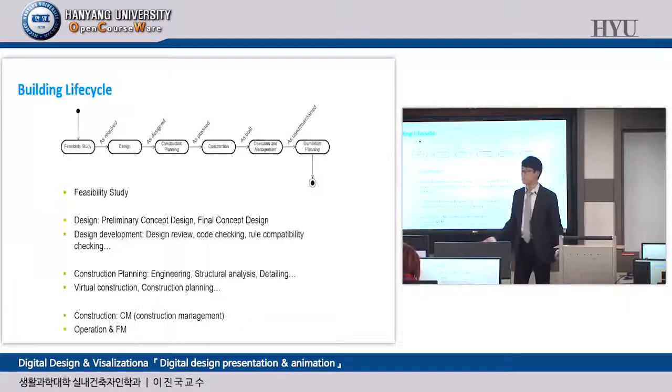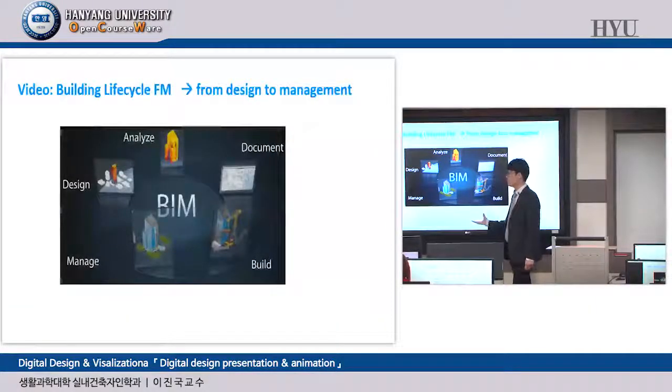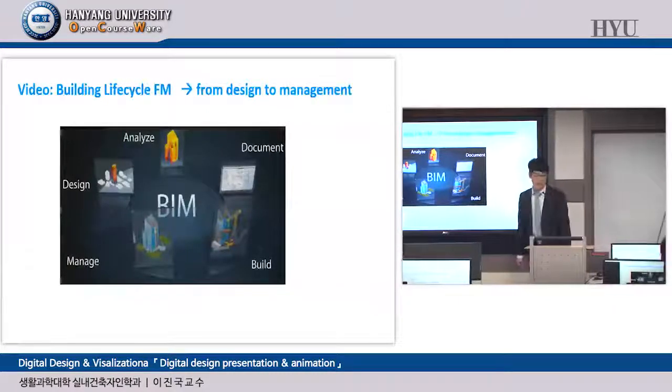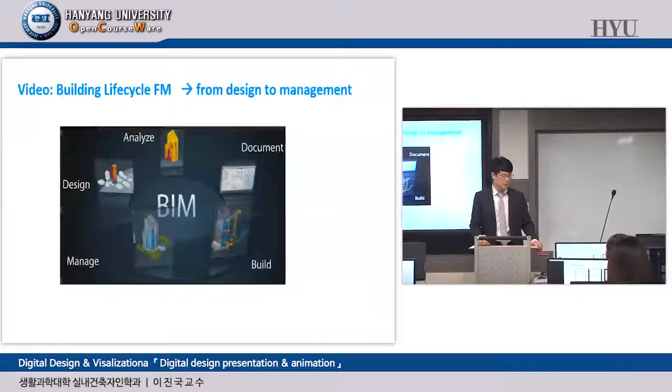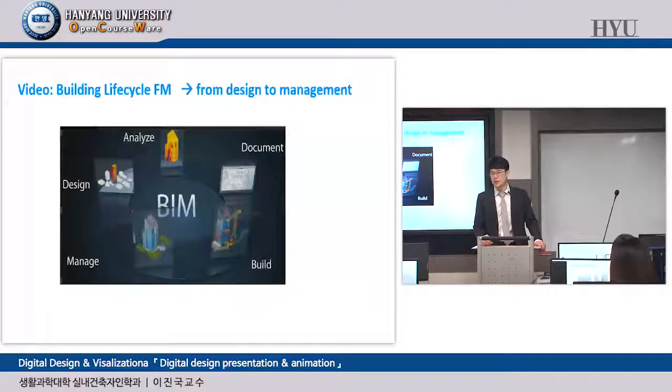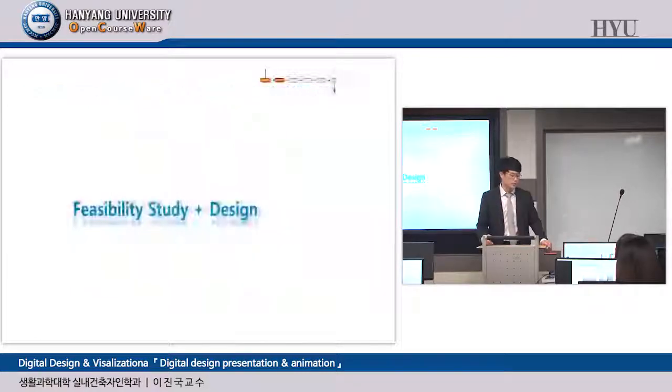There are a number of more tools. And at the end, after design, after construction, a facility management tool is available even in Autodesk. So this is the example, but it's a commercial video, so you can find out later. Simply Google or YouTube, you can take a look at how many applications, how a variety of applications are in charge of this building life cycle, especially under the product material, software by Autodesk.